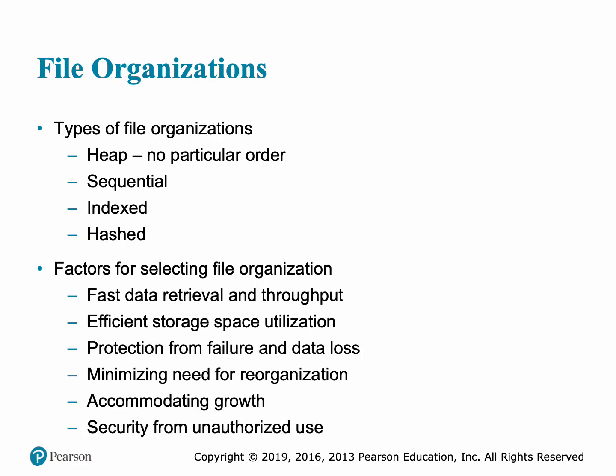A file organization is a technique for physically arranging the records of a file on a secondary storage device. Typical file organizations include sequential, indexed, and hashed, which we will see in the next few slides.